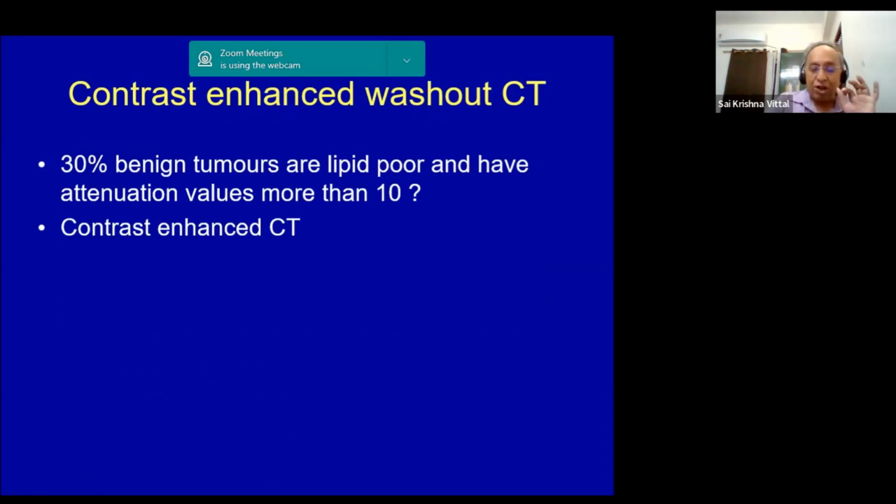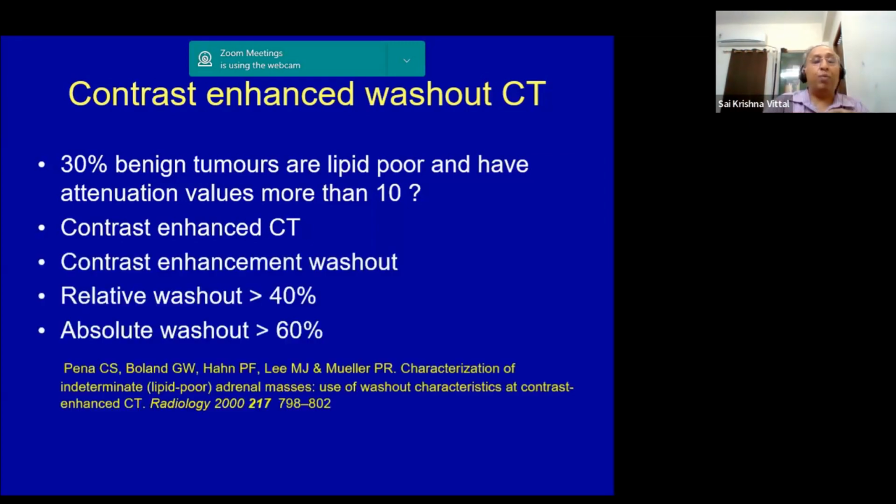And what is the principle here? When you inject contrast, adrenal adenomas take up IV contrast rapidly. They not only take up the contrast rapidly, the contrast gets washed away rapidly as well. This phenomenon is called contrast enhancement washout.